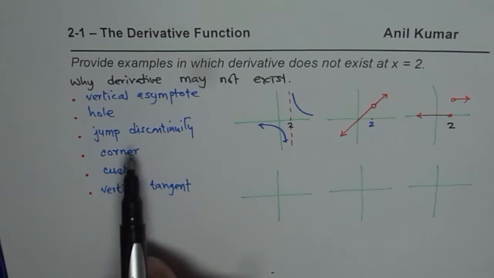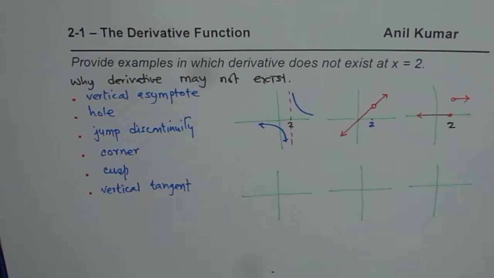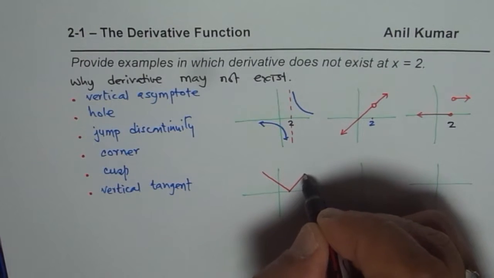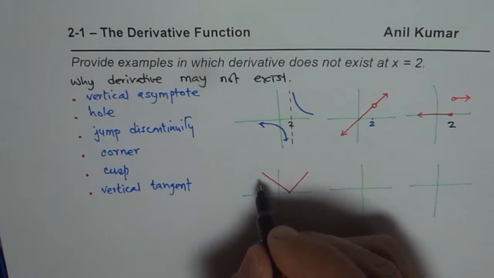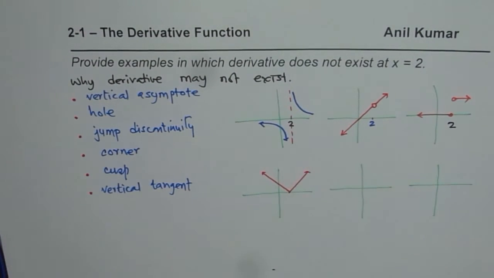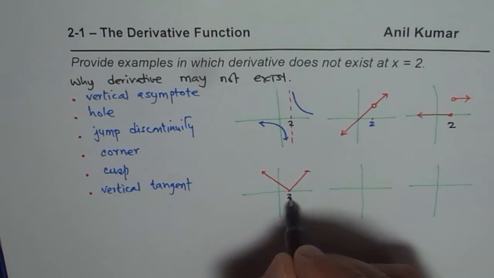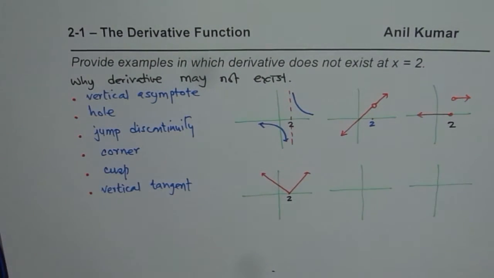So that is jump discontinuity, as you can see. Then corner at 2. So a good example could be absolute value function which has been shifted 2 units to the right, correct? So that could be a good example for corner at 2. You get the point, correct? So that is at 2.